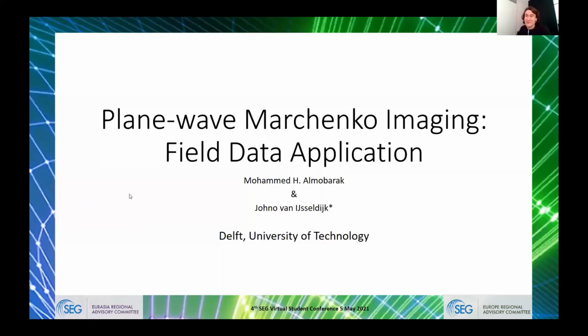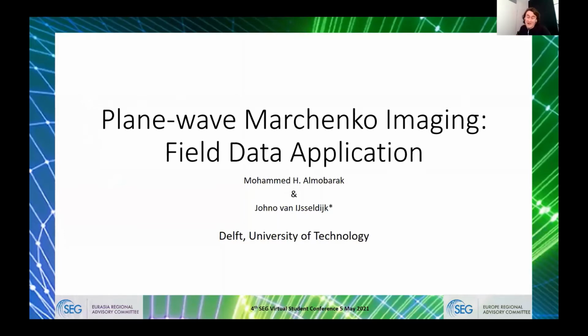So the title of this presentation is Plane Wave Marchenko Imaging, a Field Data Application. Some of these words might look like gibberish to you. Other words, I guess you will be quite familiar with. What I'm going to do in this presentation is first unravel the mystery behind this first block, the plane wave Marchenko imaging.